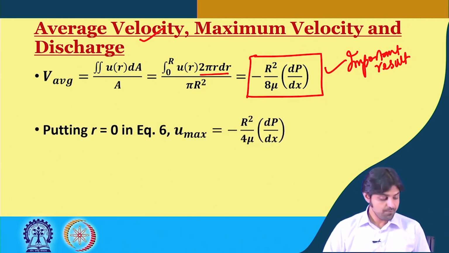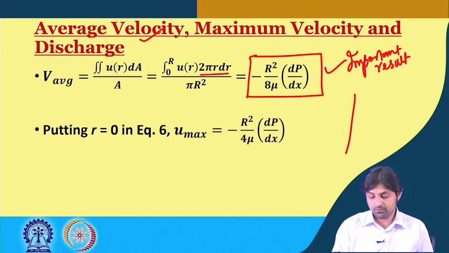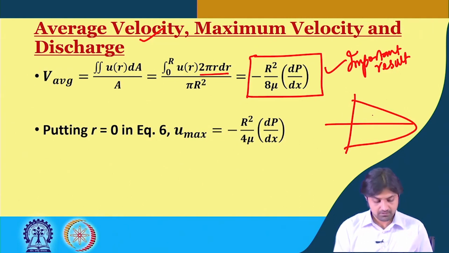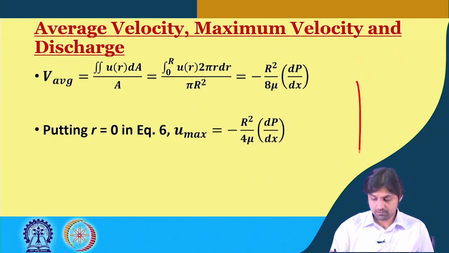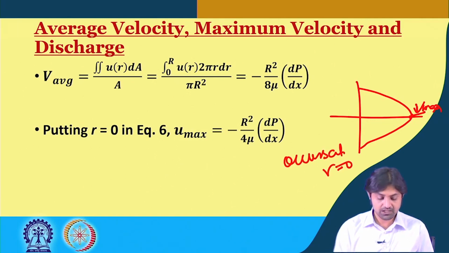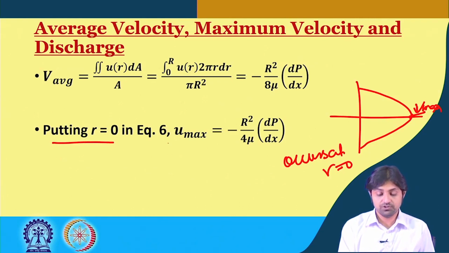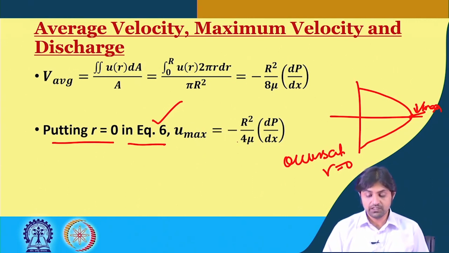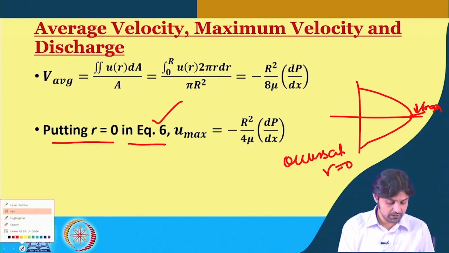So if you see the velocity profile, parabolic profile, you can easily see the maximum velocity. The maximum velocity occurs at r is equal to 0, right. So if we put r is equal to 0 in the equation from the last slide, that is equation 6, u max will be minus R square by 4 mu dp dx, okay.